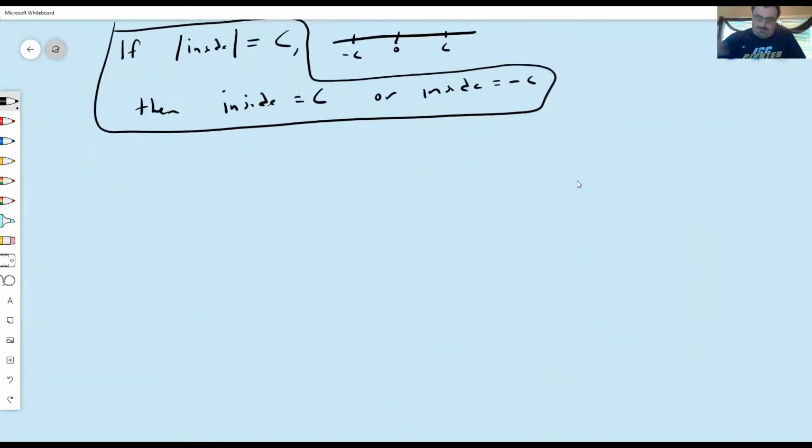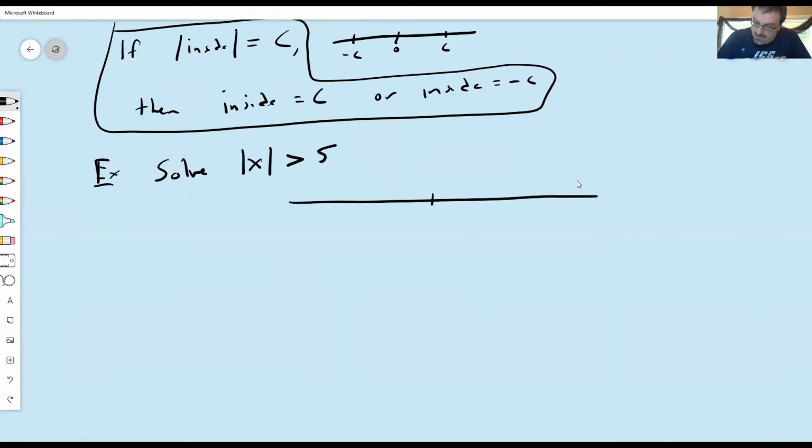Let's look at solving the absolute value of x is greater than 5. The absolute value of x is greater than 5, you're saying the distance of x from 0 is bigger than 5. So look at a number line, what are we saying? Here's 0. If I travel to the right to 5, this distance right here is 5.